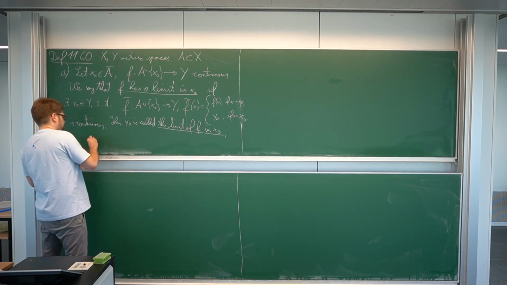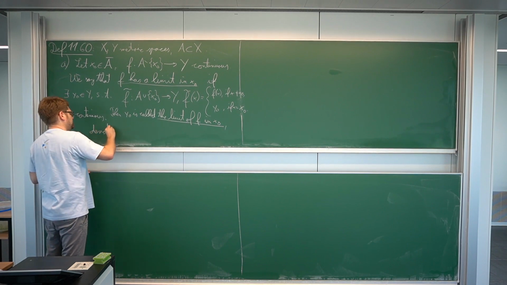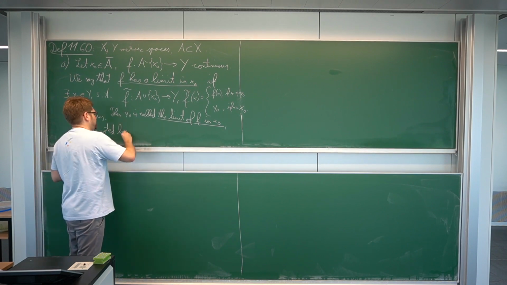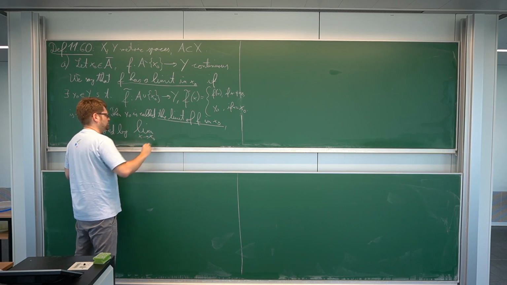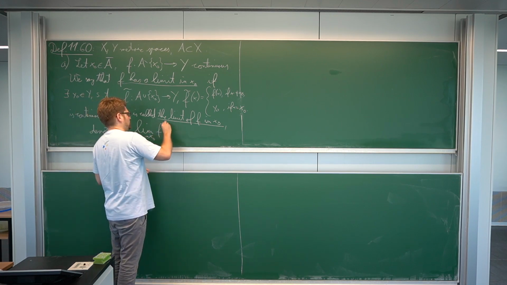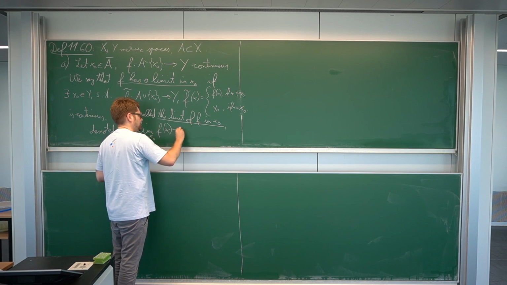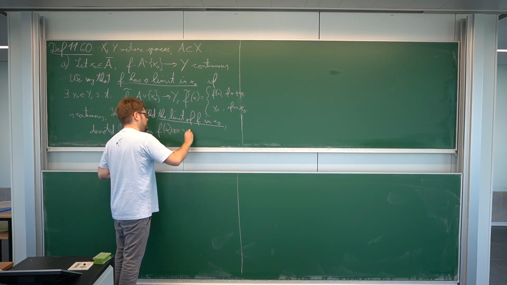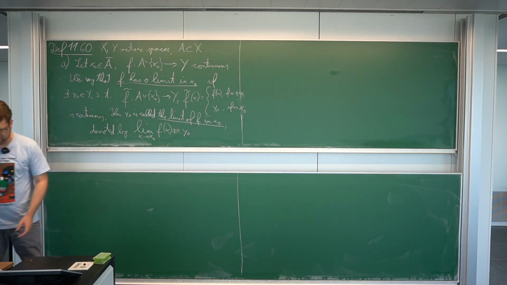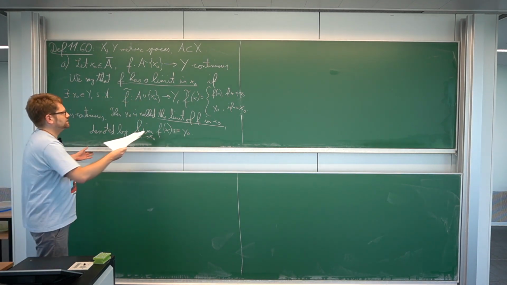And we use the same notation as we did in the previous semester. We denote this by the limit as x goes to x0 of f of x. So this is now defined as this value, so this is y0. Okay, so this is how we define limits.